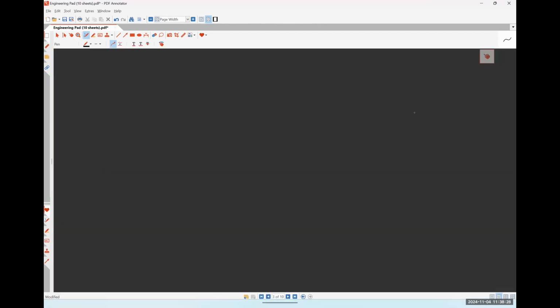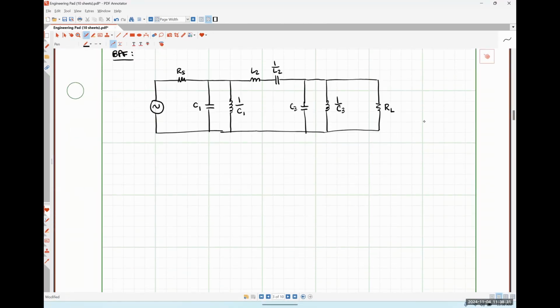So if we look at the frequency response of this guy, so here's the magnitude of our transfer function measured in decibels. And here is omega, right? So let's just put -6 dB right here, and let's put omega naught right here.